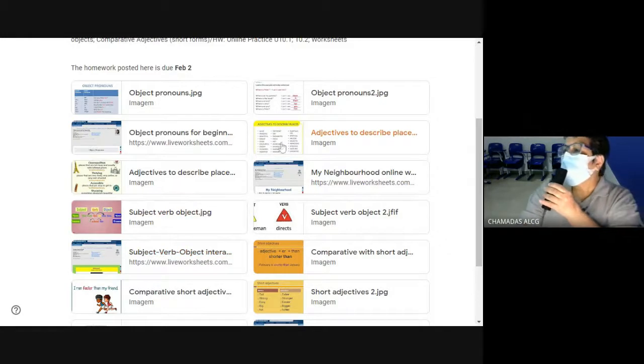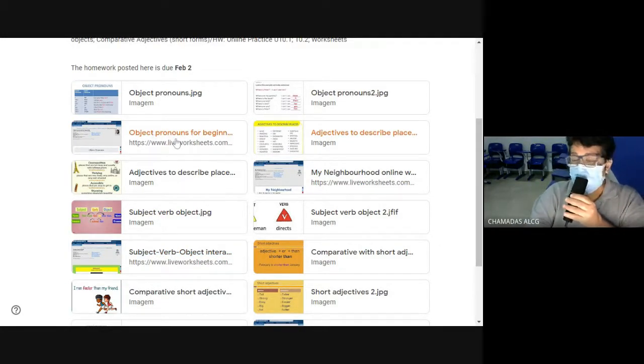So there is a worksheet about object pronouns. There is a worksheet about adjectives to describe places. And there is a worksheet about subject, verb, and object to identify. Very simple, okay?